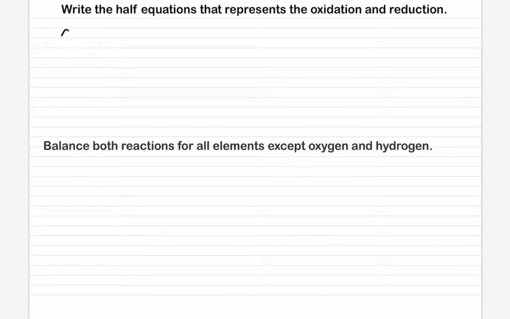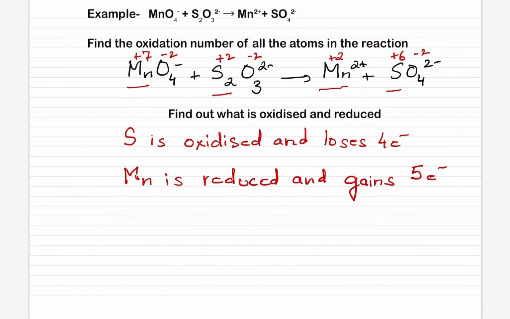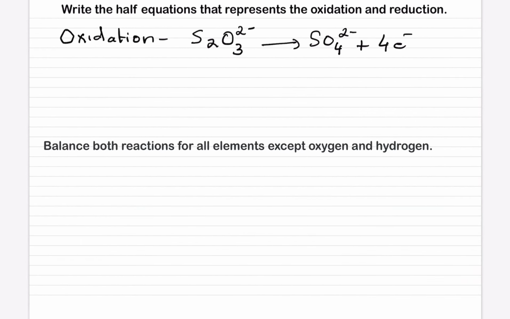For oxidation, S2O3 2 minus will give you SO4 2 minus plus 4 electrons. Why do we write 4 electrons? You see here that S is oxidized and loses 4 electrons.